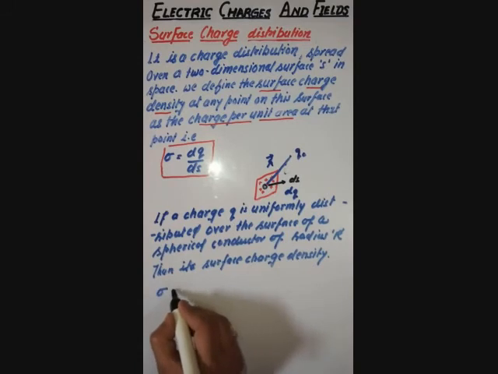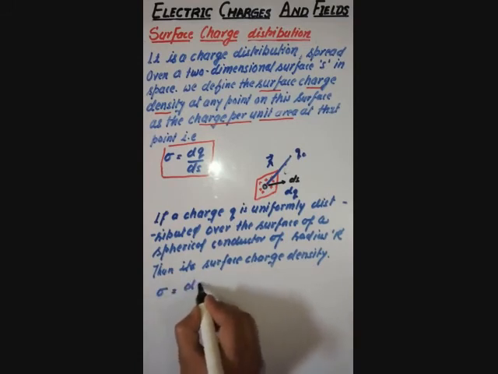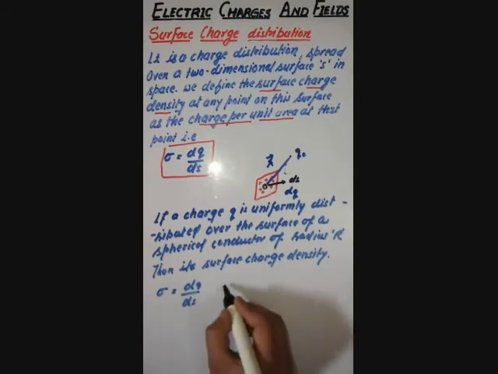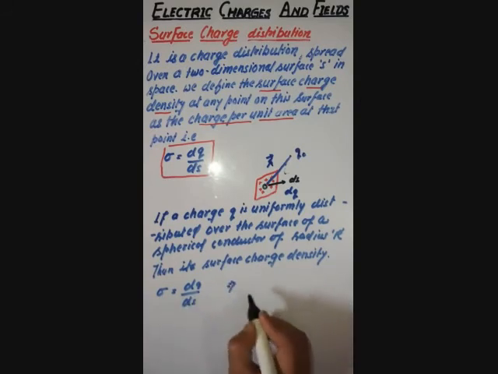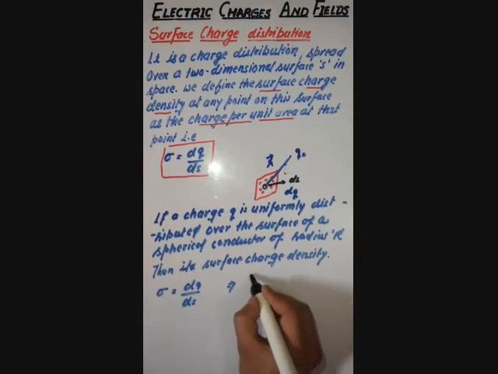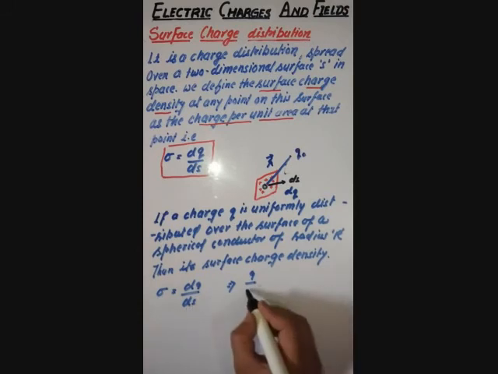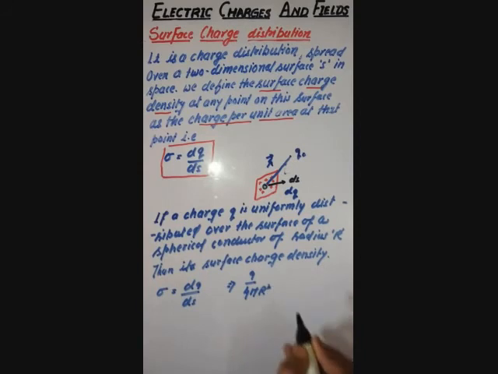Sigma equals dq upon ds, or you can write dq will become q, ds will become 4 pi r square. Its unit is coulomb per meter square. So you can make a bracket for that one.